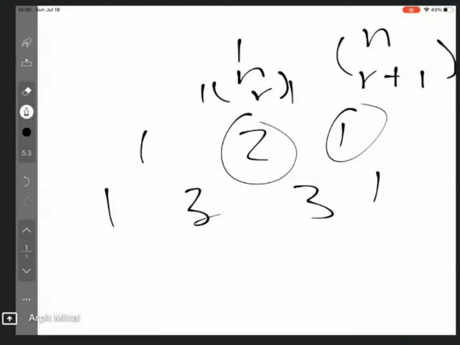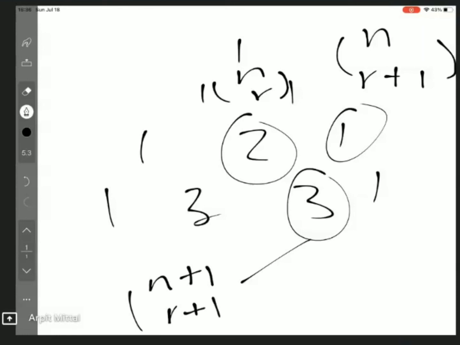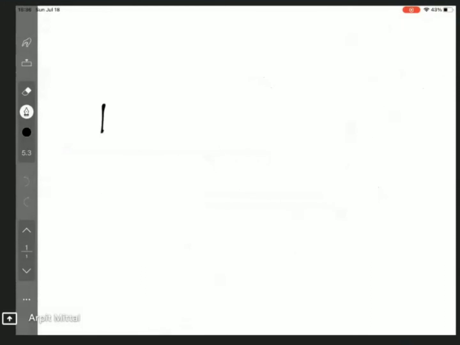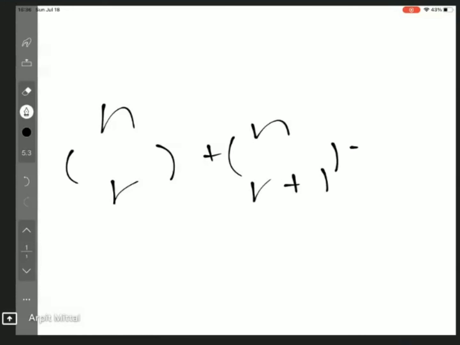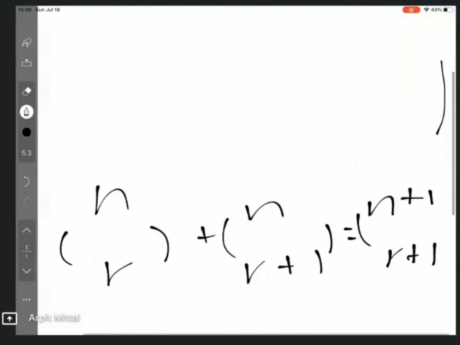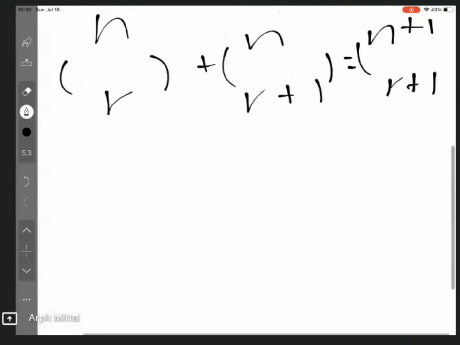Then by the definition of Pascal's triangle, the element below is the sum of the two numbers above it. But because each element of Pascal's triangle can be expressed as a combination, this element is actually n plus 1 choose r plus 1. Therefore, n choose r plus n choose r plus 1 is equal to n plus 1 choose r plus 1.